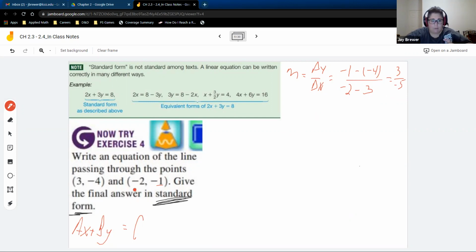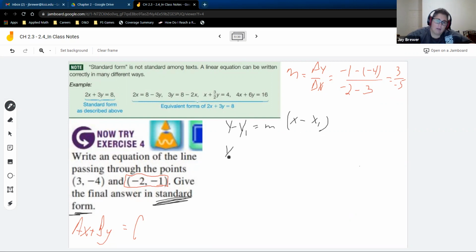But now we have a point and a slope. And so we're going to use our other form. We're going to use y minus y1 equals slope times x minus x1. And we're going to plug in for it.